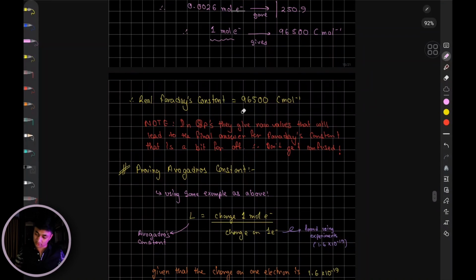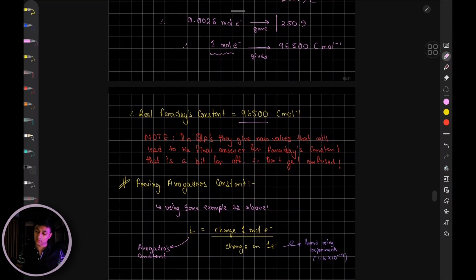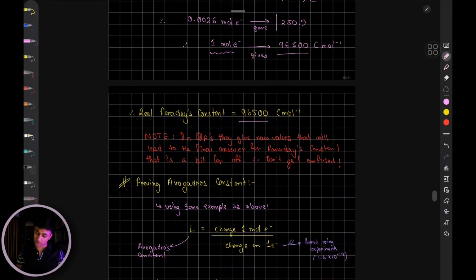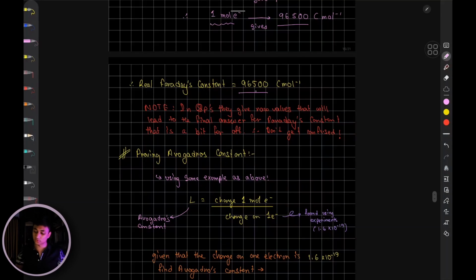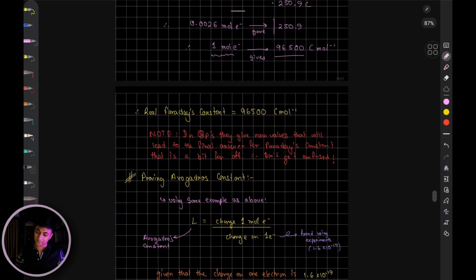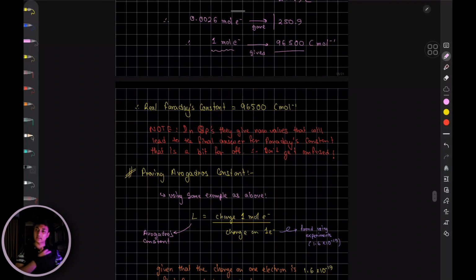The real Faraday's constant is 96,500 as well, just as you found out in our case. However, again, in the QP, if your answer is different, that is all right. I mean, it shouldn't be abnormally different, like 200,000. In that case, you'll know your answer is wrong. But yeah, that's how we figure out the Faraday's constant.